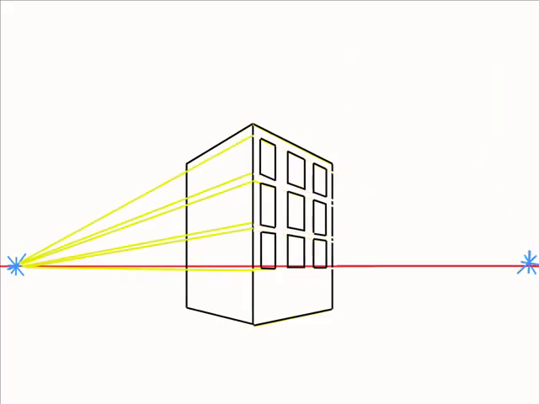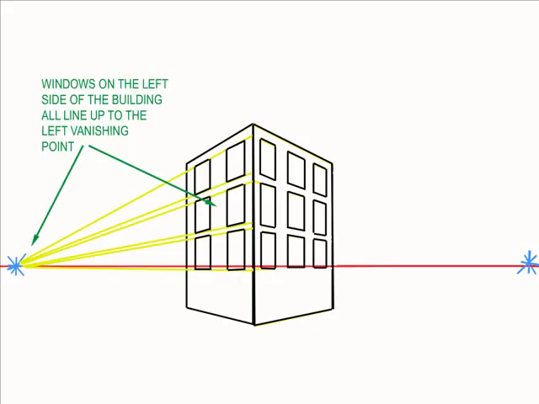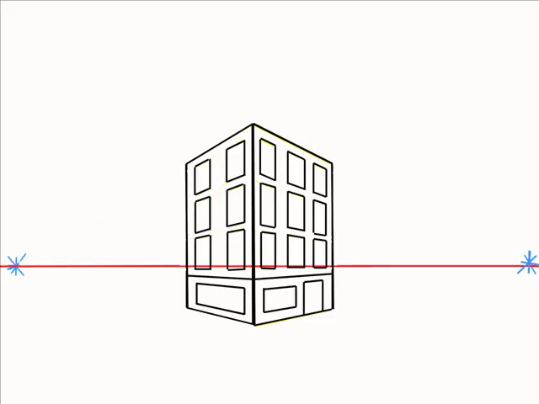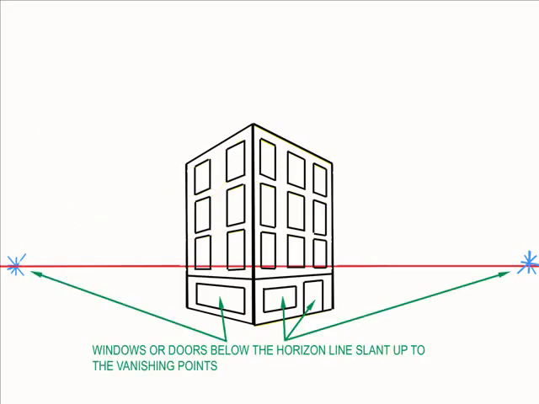And all the windows on the left side have to line up to the left vanishing point. Doors and windows that are below the horizon line are going to slant up to the two vanishing points.